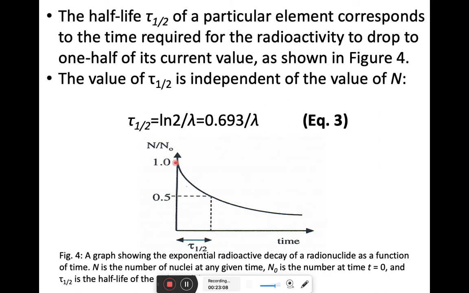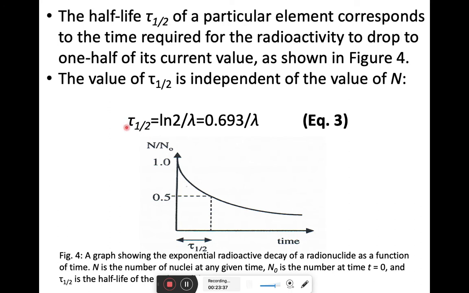The element decays in exponential form, and the half-life is counted where the ratio N over N naught is one half.